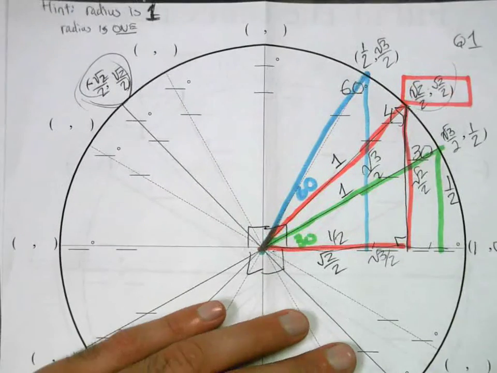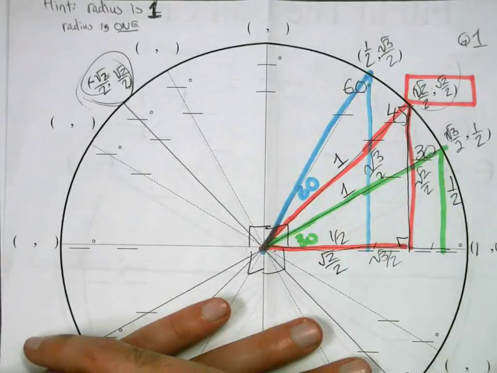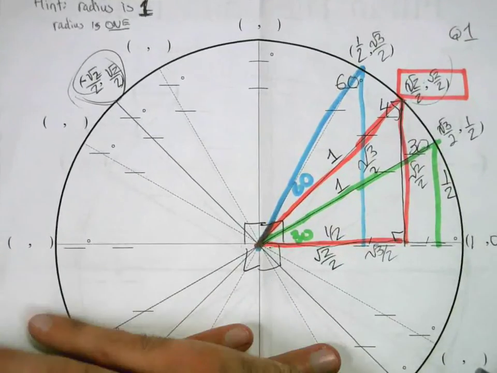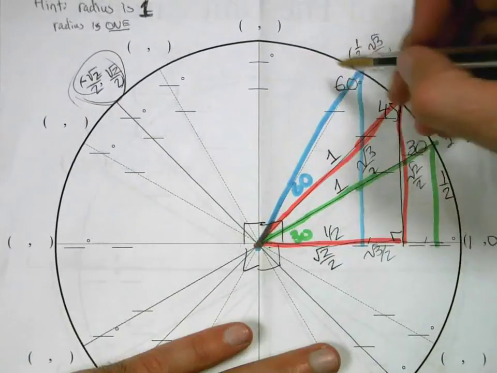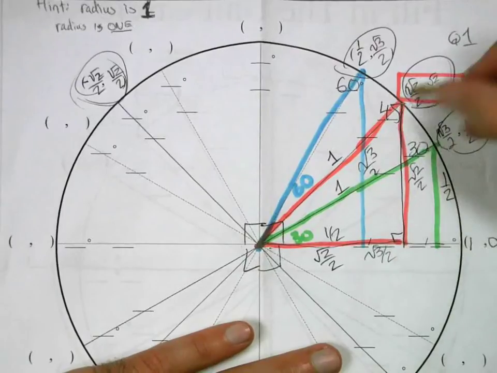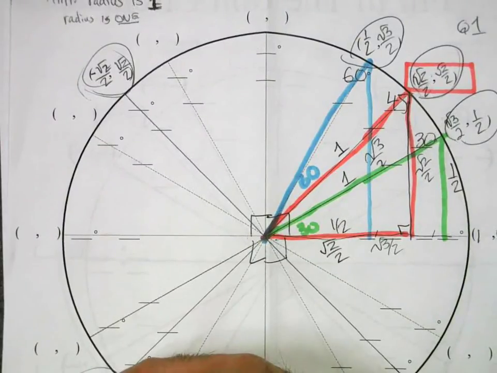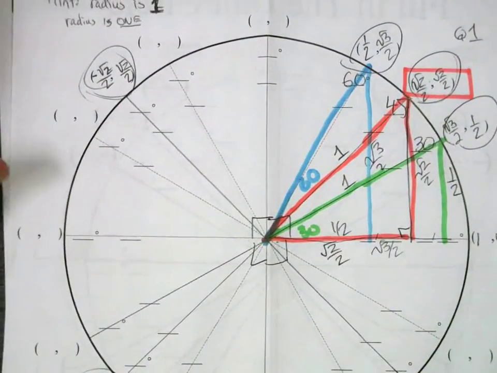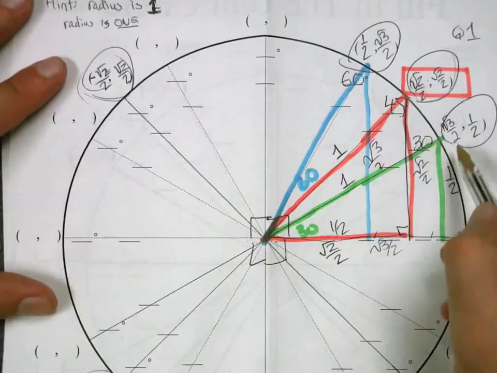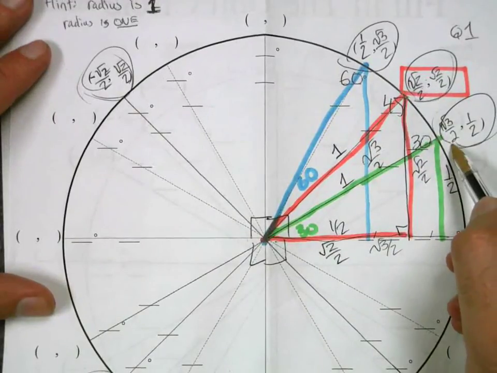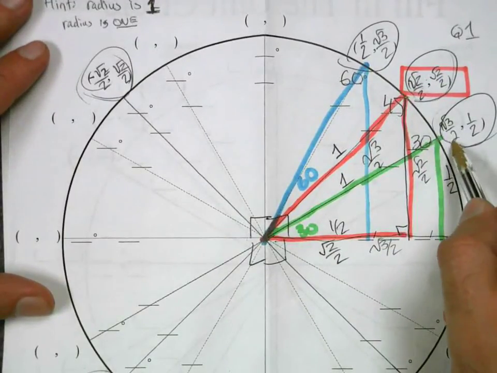We're going to look at this again. So we have all of our degrees filled out, and I need to fill out all of my coordinates. We did it for square root of 2 over 2 already. We need to do it for the rest of these. So I'll just do one more example, and then we'll move on to the next subject. Let's look at this set of points here. This set of points is square root of 3 over 2 comma 1/2.